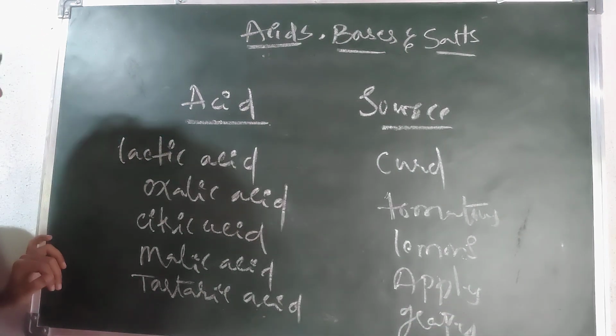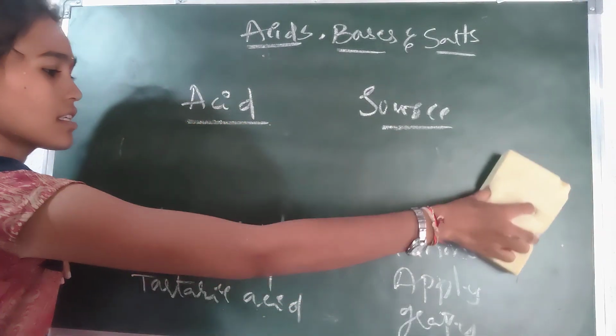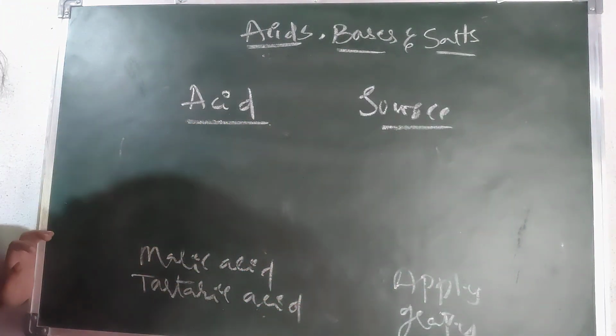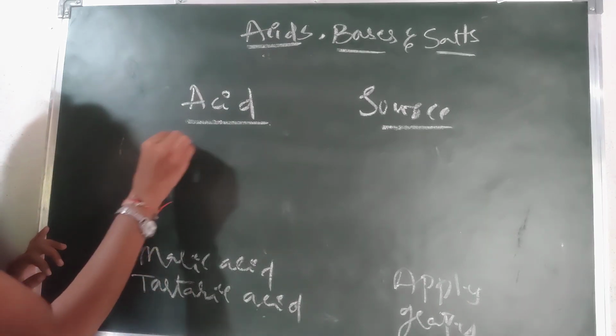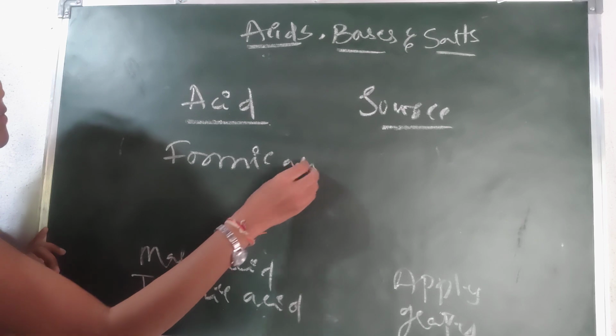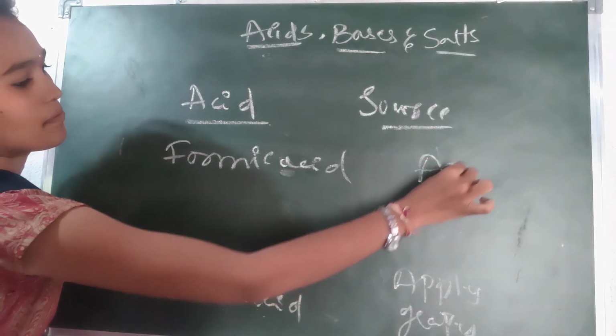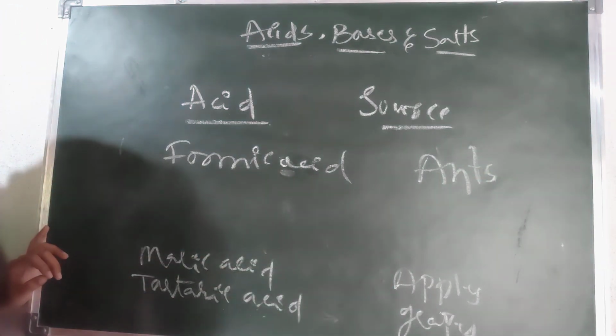And there are other acids and sources also. See here, formic acid. Formic acid is obtained from ants.